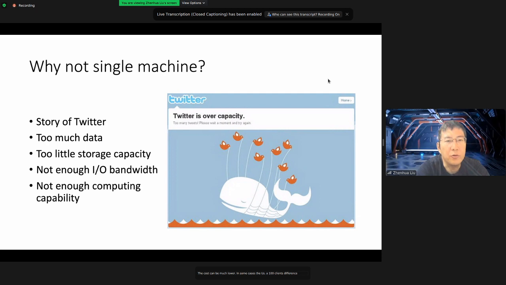For example, you can easily buy 32 gigabytes of memory, which is very common. But if you want 1 terabyte or 32 terabytes of memory for a single server, it is very hard. Even if you can get one, the price can be very expensive.